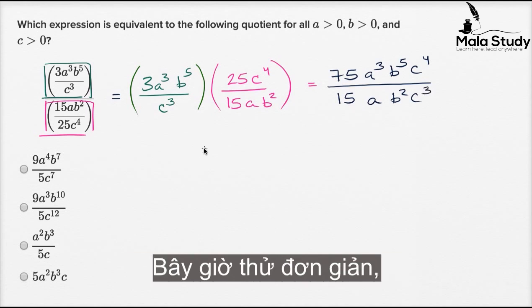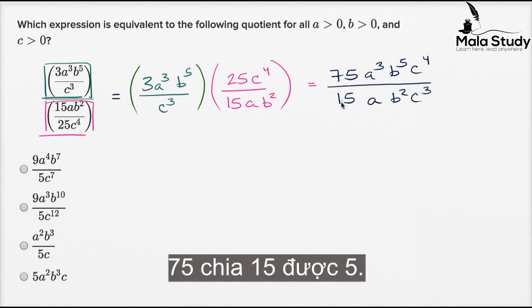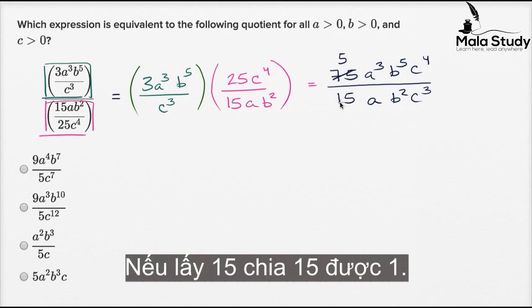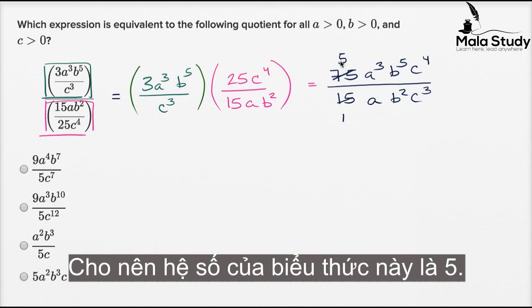Now we can try to simplify. What's 75 divided by 15? You're going to get 5. And if you divide 15 by 15, you get 1. So the coefficient is just going to be 5.